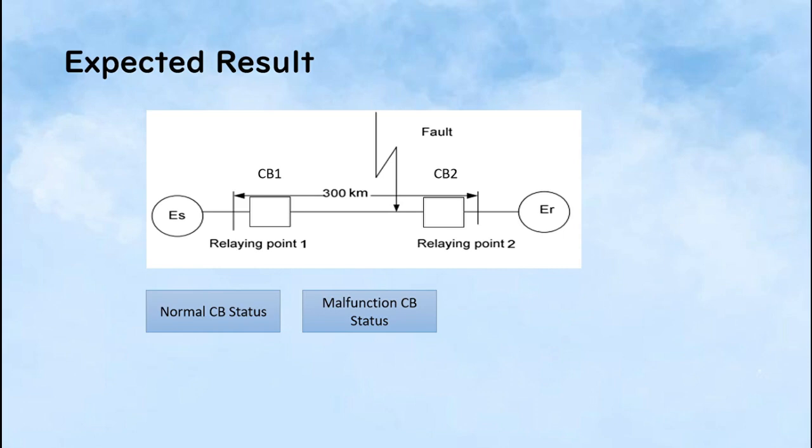Let's say there are CB1 and CB2 in each of the normal and malfunction CB statuses. In the normal CB status, the output of CB1 is 0, while CB2 is 1. When CB1 is affected by the fault, the malfunction CB1 is 1. CB2 is not affected, thus it remains.